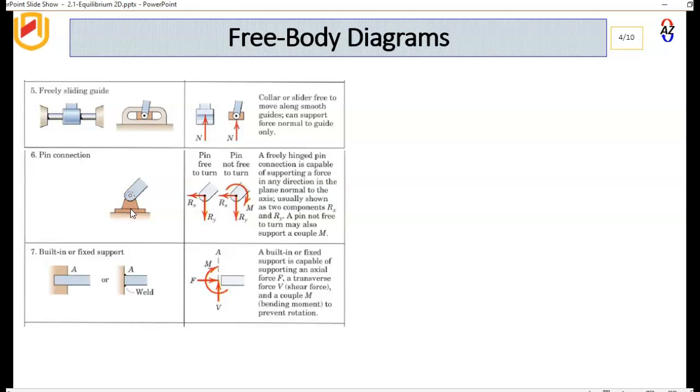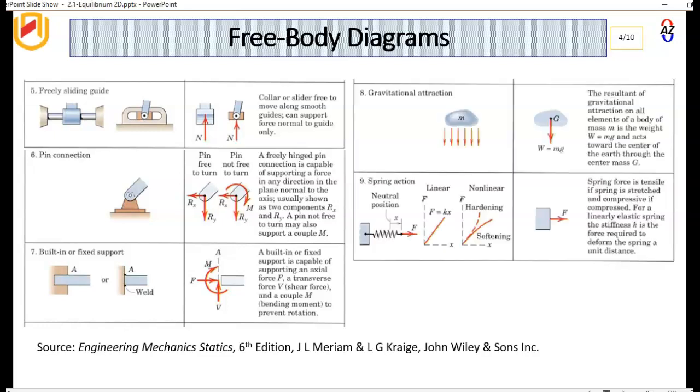But if it is fixed, not free to turn, you also have to represent the moment. If it's a built-in support, like a cantilever, then you have to draw the shear force, and then you draw the axial force, and then you have to draw the moment. Then if it is a weight, we know it's a uniformly distributed load on the object.